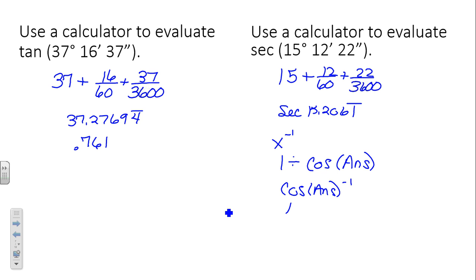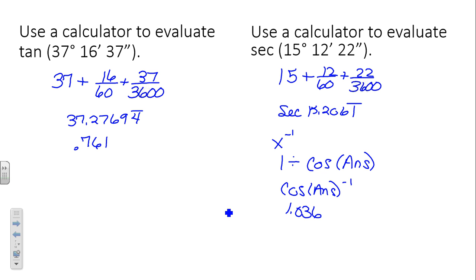Everybody get 1.036? If you're following along on your calculator. Questions on this one? Feeling good?